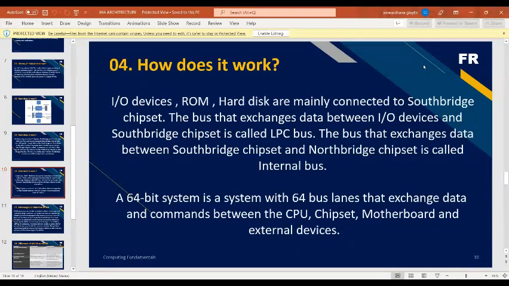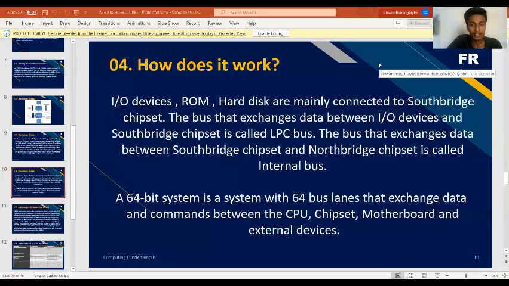The bus that exchanges data between input and output devices and the South Bridge chipset is called the LPC bus. The bus that exchanges data between the South Bridge chipset and the North Bridge chipset is called the internal bus. A 64-bit system is a system with 64 bus lanes that exchange data and commands between the CPU, chipset, motherboard, and external devices.